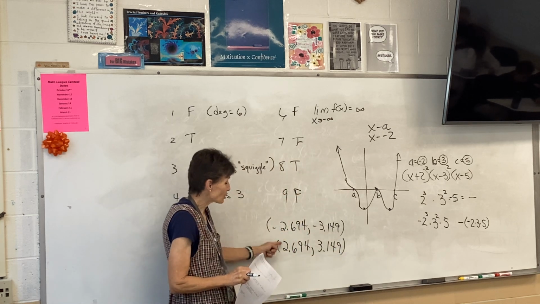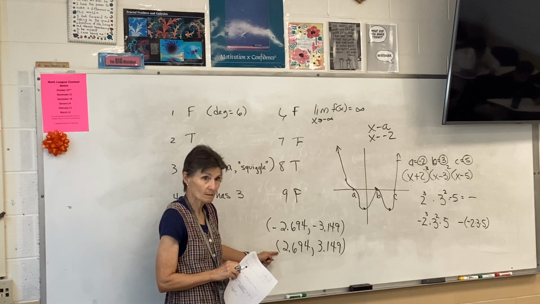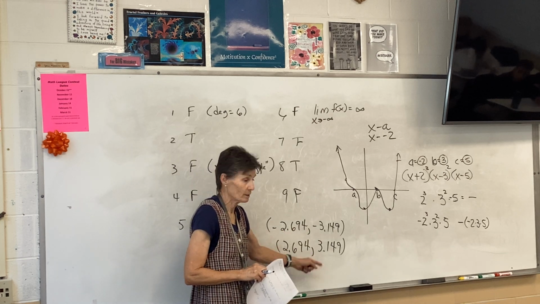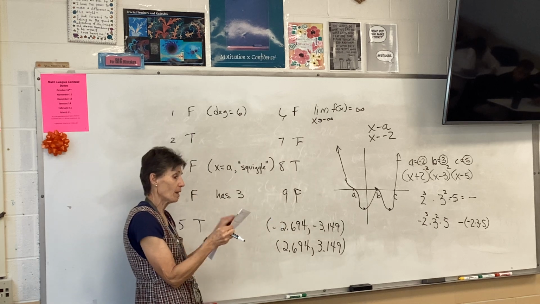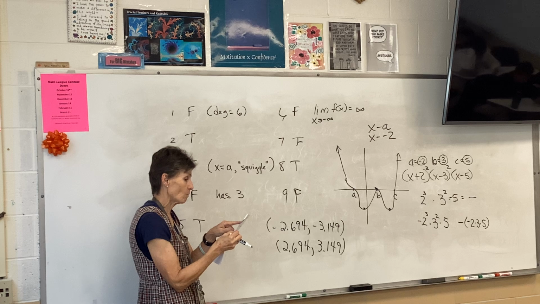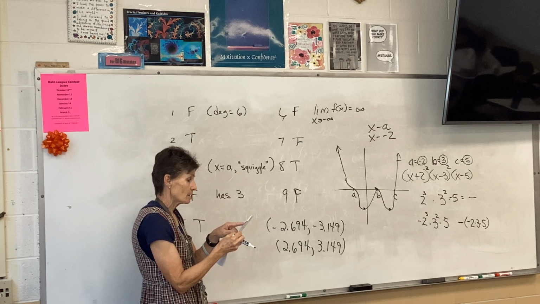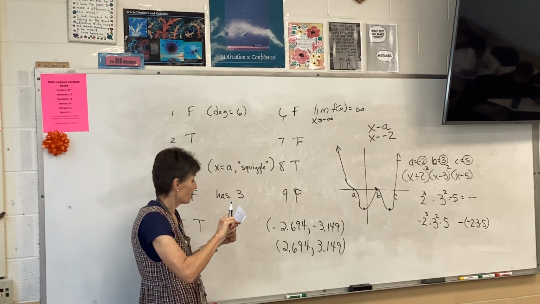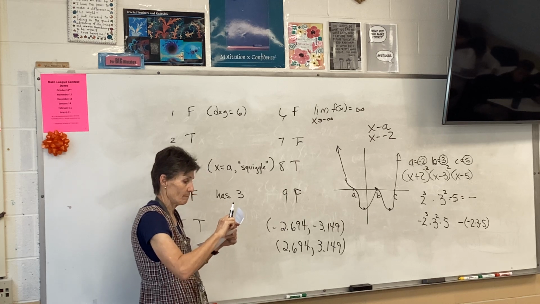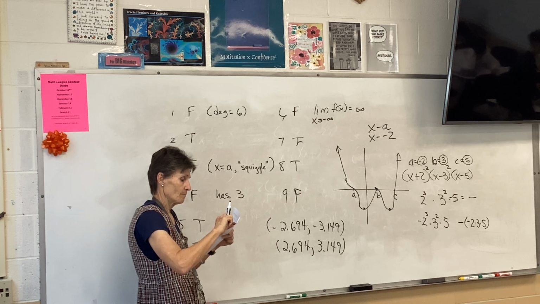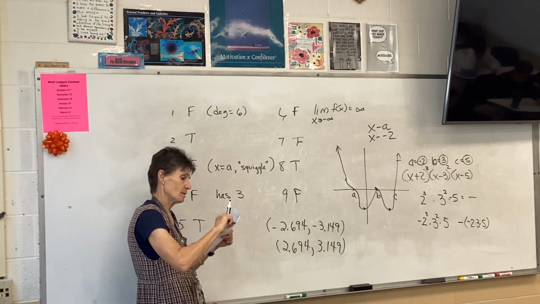Because if you change the sign on the input, you also change the sign on the output. So, I know they didn't plot that for me, but is that point on the graph? 2.694, 3.149. Oh, I don't think so.